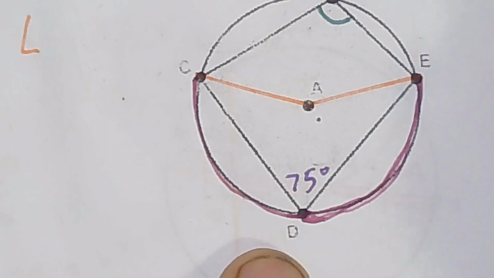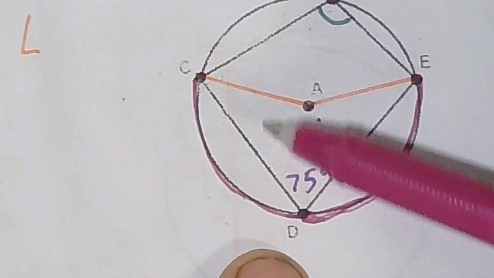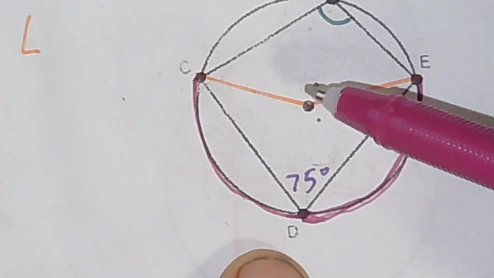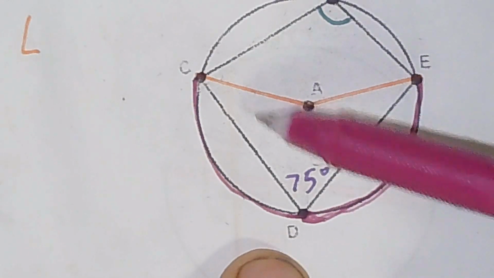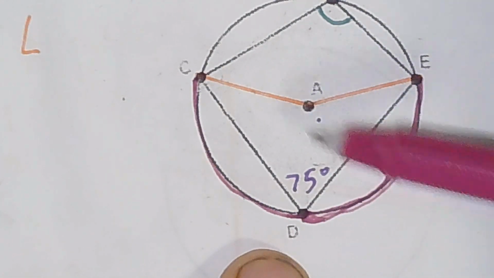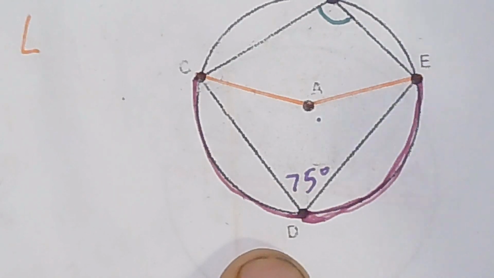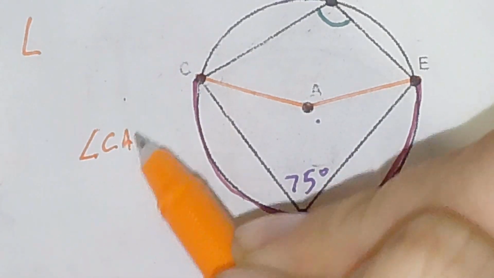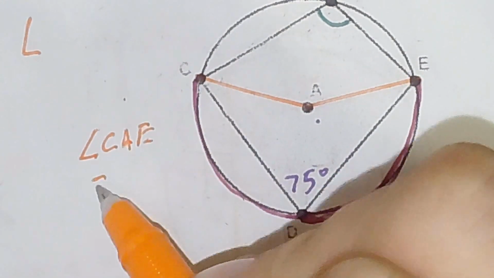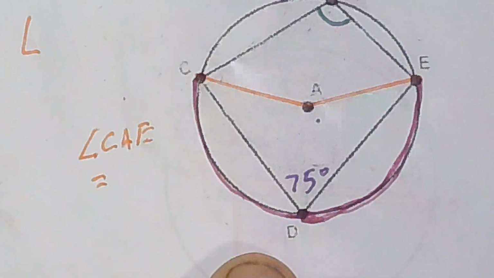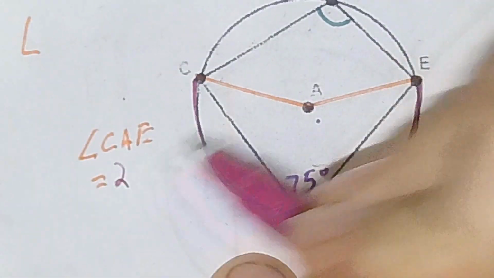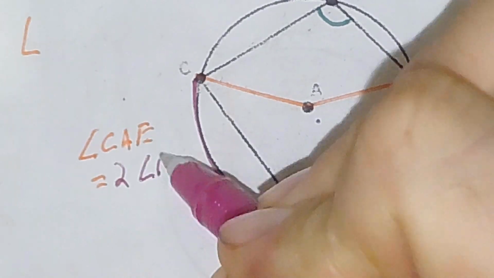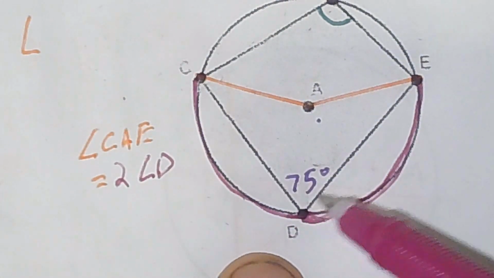The relationship of a central angle and its inscribed angle is that the inscribed angle is 1/2 the central angle. So if this purple angle is 1/2 this orange angle, then you can say that angle CAE equals 2 times angle D, which is 75.